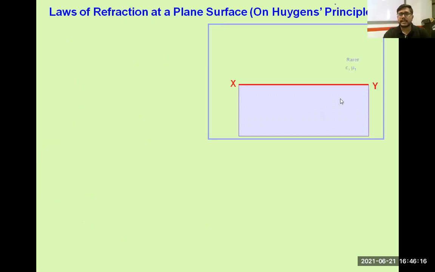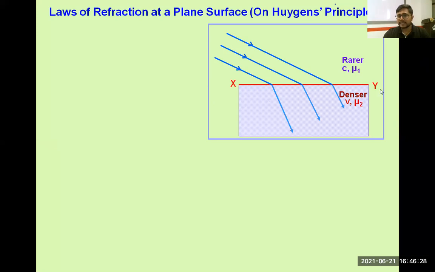Now, what does Huygens say? Huygens said the same thing, but he explained it in the wave manner. You can say this incident ray of light is falling on this surface having refractive index mu2, and the rarer medium has refractive index mu1. For mu1, suppose light is traveling with speed c, and in the denser medium it is traveling with velocity v.